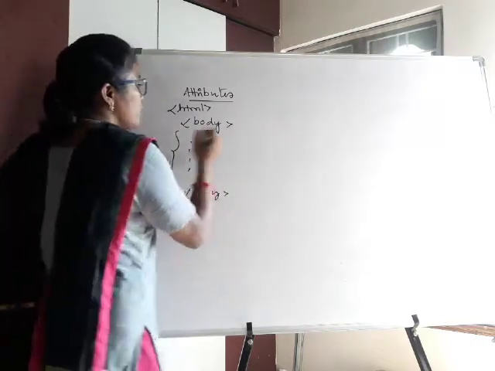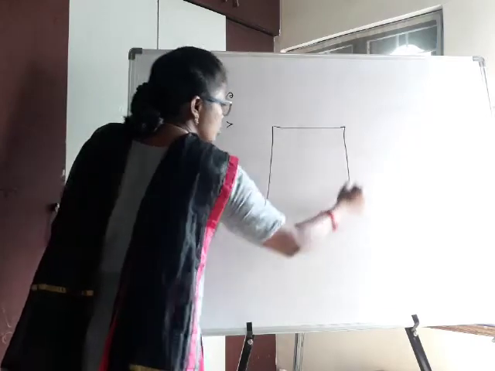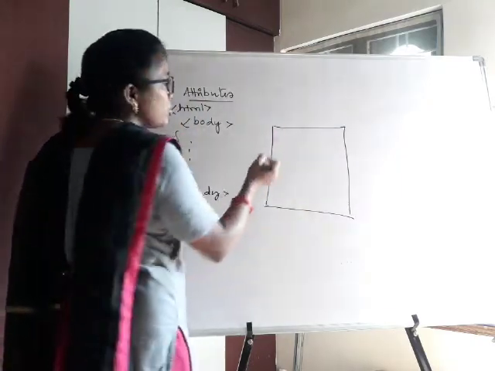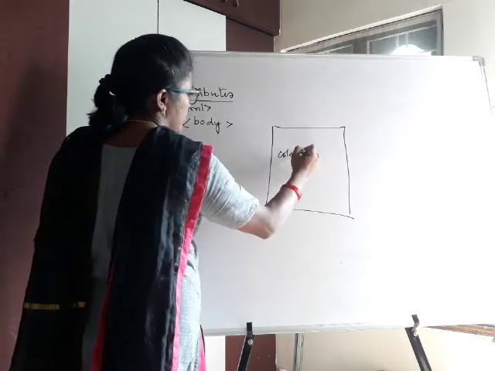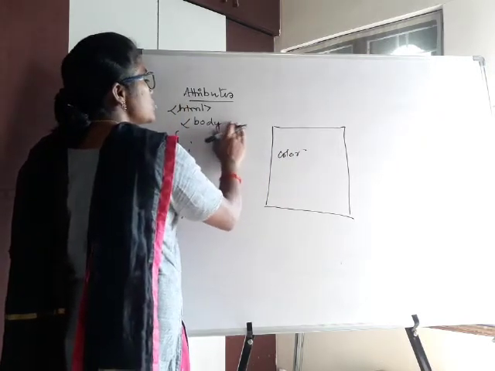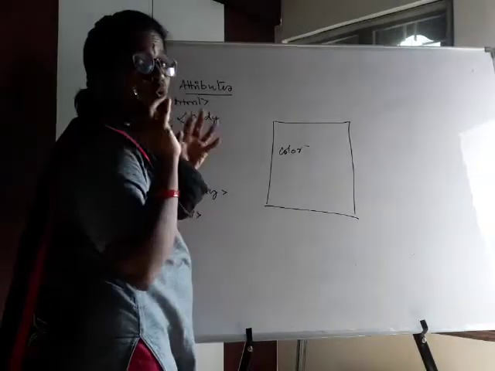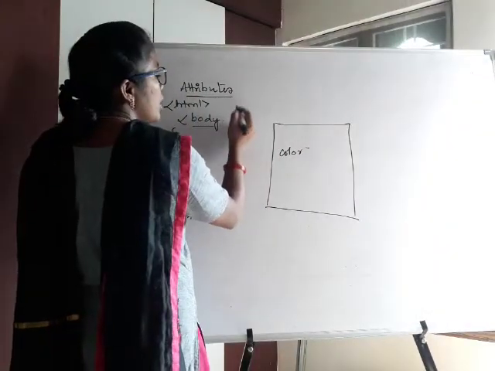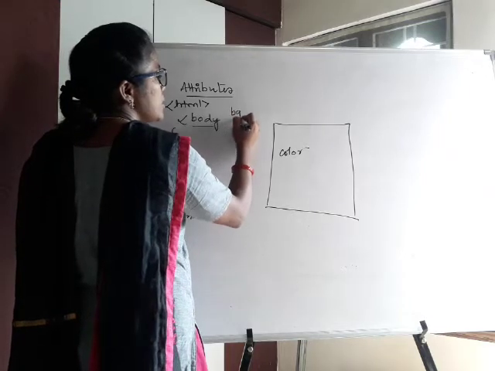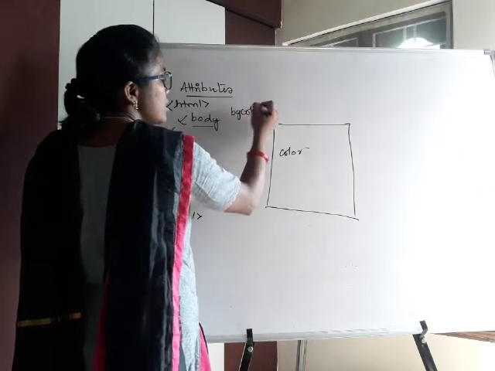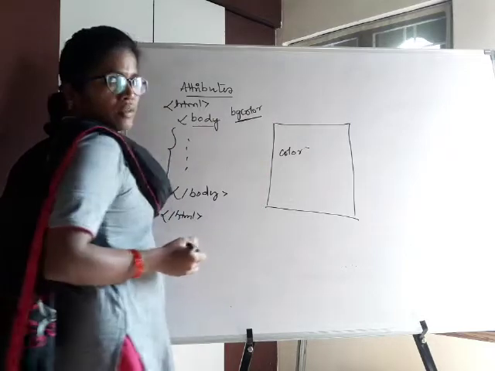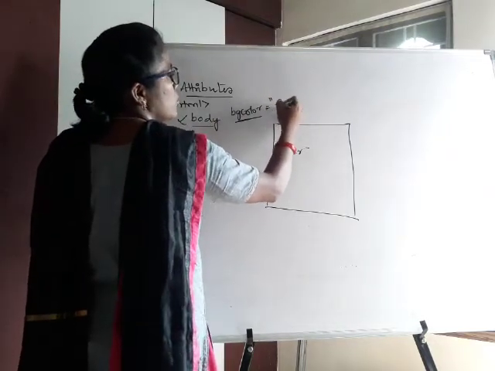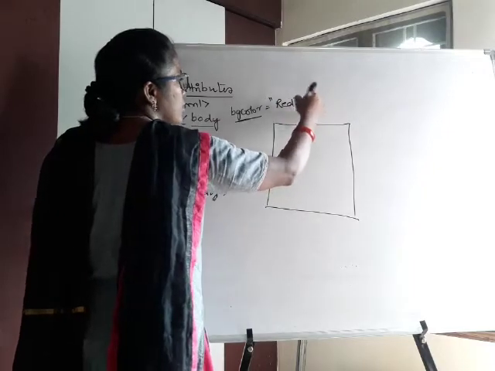So if this is printed onto the screen like this, the background can be given some color. So this body can have some properties and values. For body's attribute, I will be writing BG color. This is my property. The property is given some value, so I am assigning it as red.